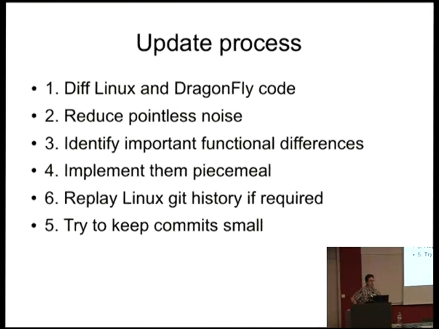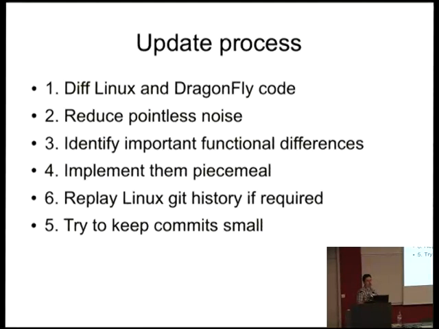So the update process to get to something more Linux-like was: run a diff between the two branches, reduce the pointless noise, like white space differences, parentheses, and so on. Once this was done, I could then identify important functional differences, try to implement them piecemeal, which was not obvious to do.